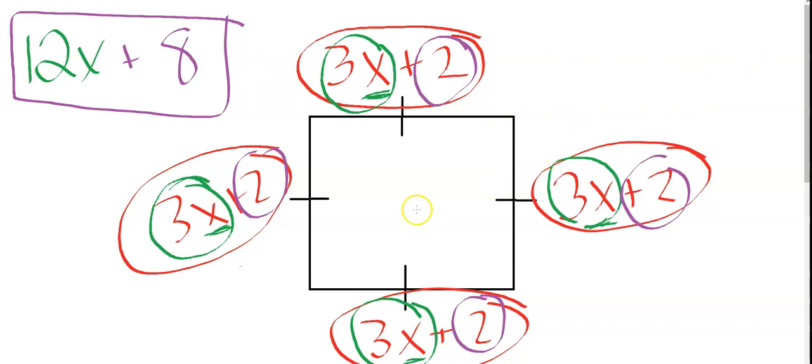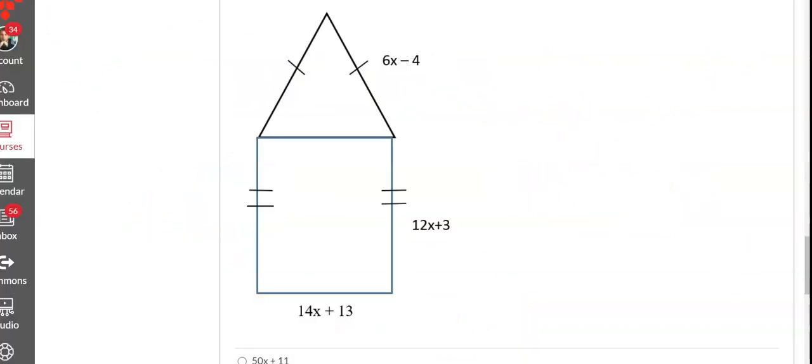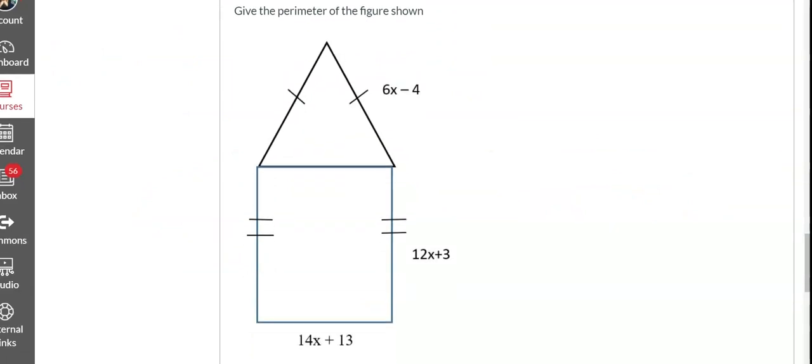Now, the figures in the homework were a little bit different, some of them. For example, number, I believe this is 10. Yeah, you have this that kind of looks like a house. I'm going to add all of the sides of this up, and I'm only going to add, say, like 14x down here at the bottom of this figure. I can add 14x to 12x to 6x, but look at the sides. 12x plus 3 on the right, it's going to match on the other side.